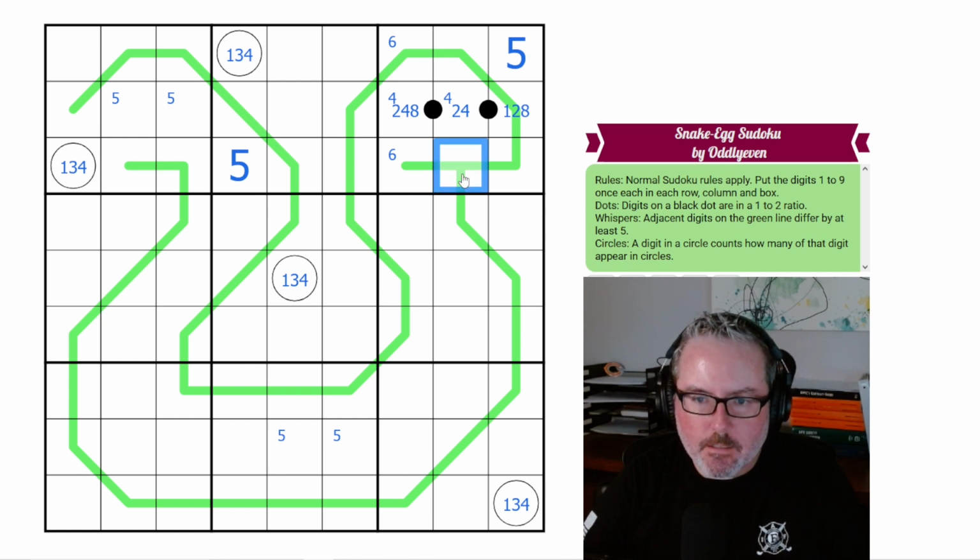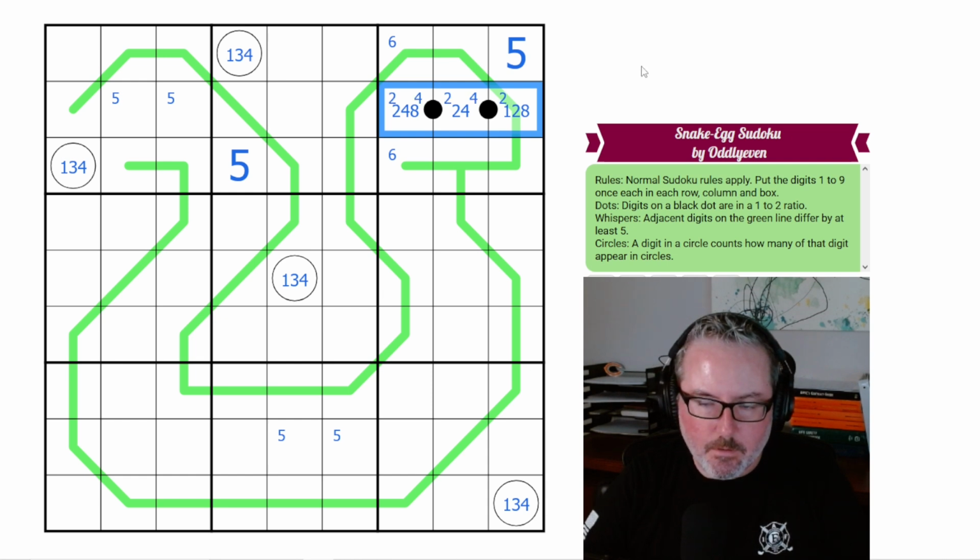I think I can say that you can't put a 7 here, because that will remove 1 and 2 from both of these. But other than that, again, it's not great. Can I say I have to have a 2 on here as well? I believe I can. Same reason that you must have a 4, you must have a 2.